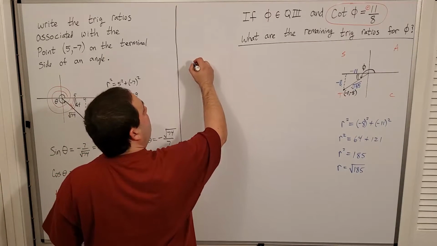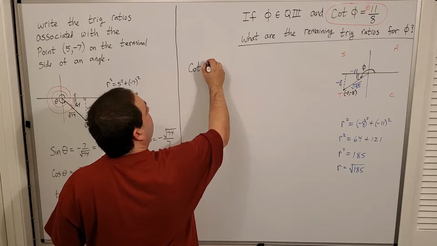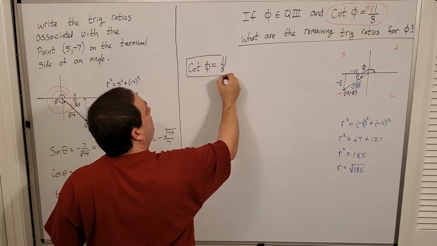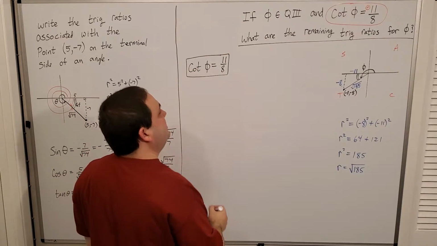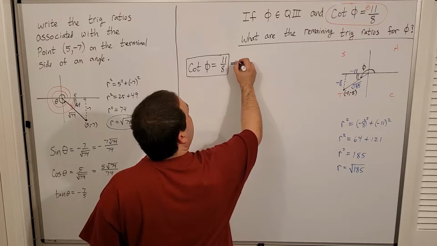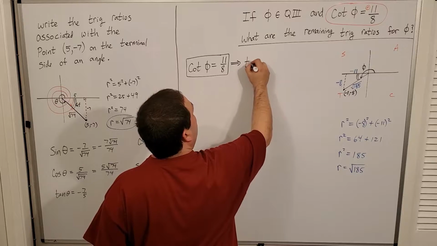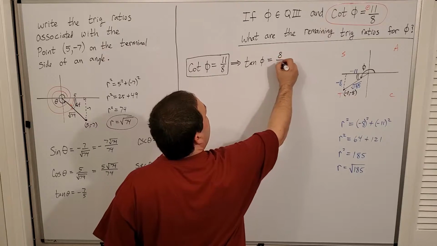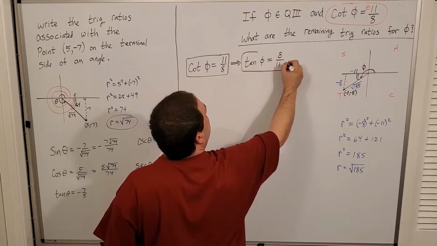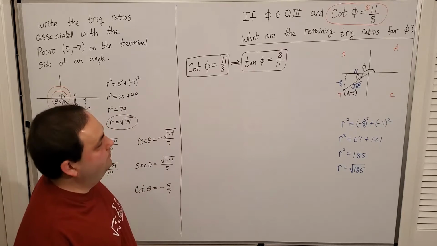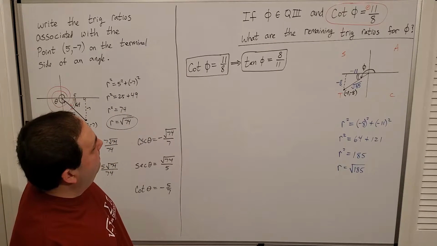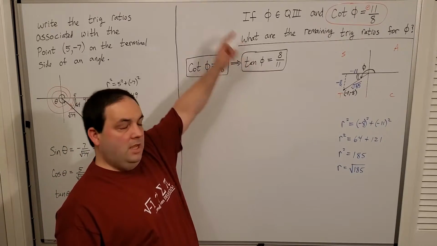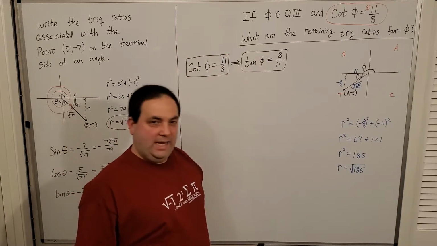I have the cotangent of phi as 11/8. Reciprocal identity says that tangent and cotangent are reciprocals. So the tangent of phi must be 8/11. That's a reciprocal identity. Okay. Between these two, I'm going to choose to use the tangent, and I'm going to use a Pythagorean identity.